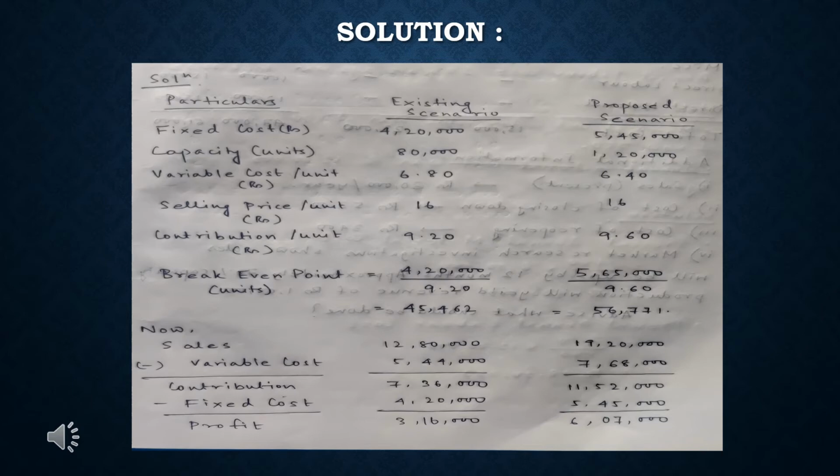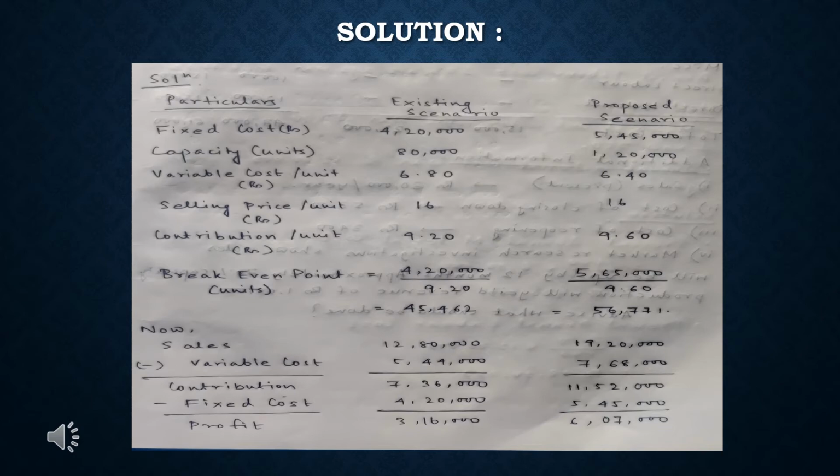So if we consider the existing scenario and compare it with the proposed scenario, we can see what the changes are. The fixed cost goes up from 4,20,000 to 5,45,000, taking into consideration the 1,25,000 change. The capacity moves up from 80,000 to 1,20,000, a 50% increase.